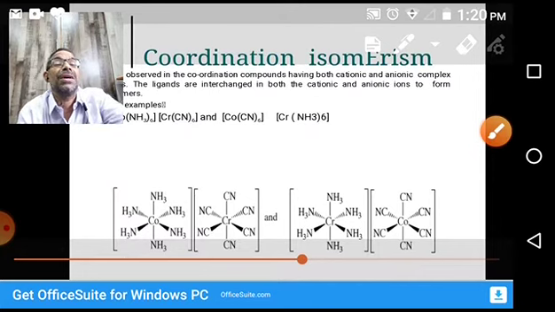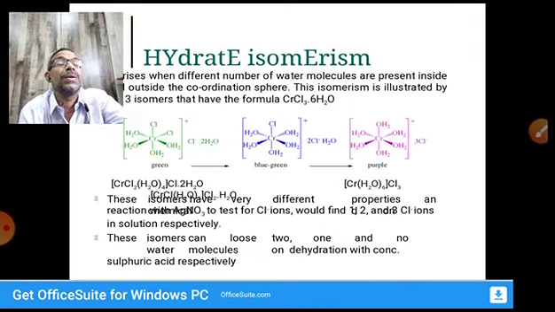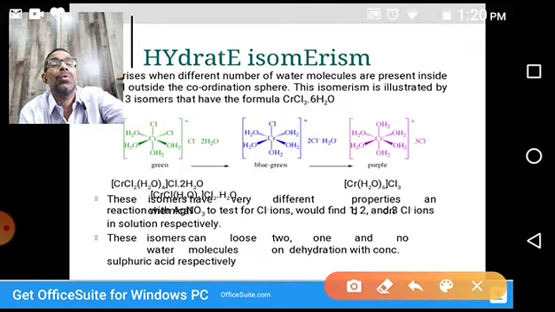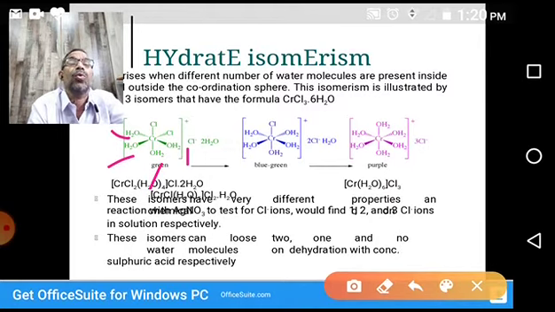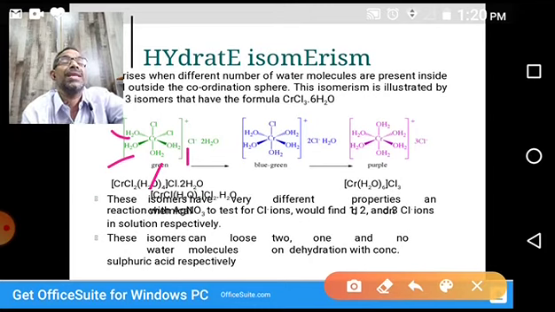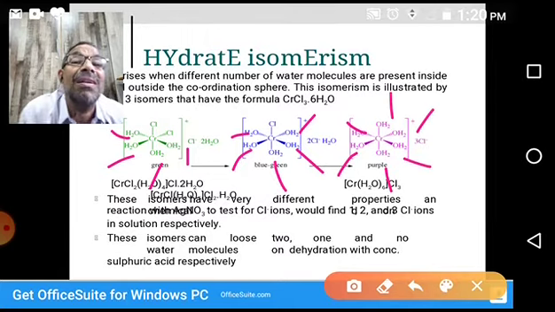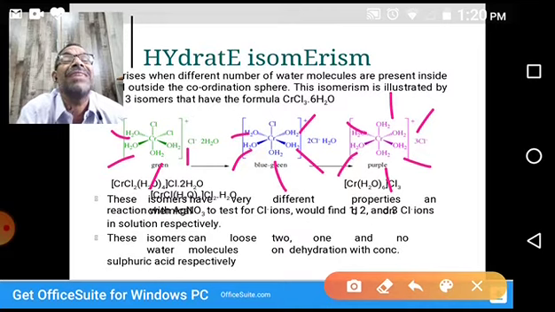In this case, only 4 water molecules are involved in the coordination sphere. In this case, 5. In this case, all water molecules are present in the coordination zone. That's why these are not eliminated as water molecules when we heat this compound.